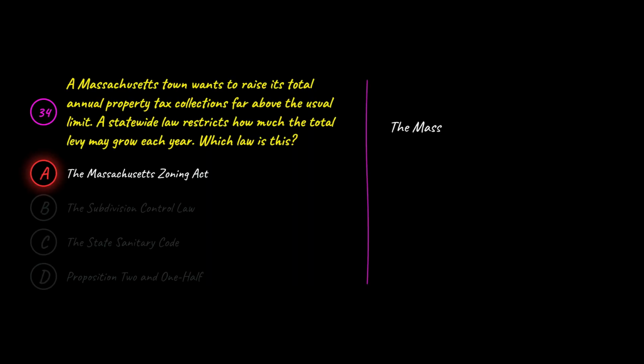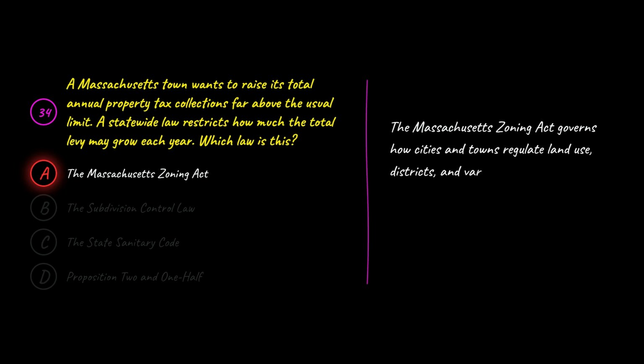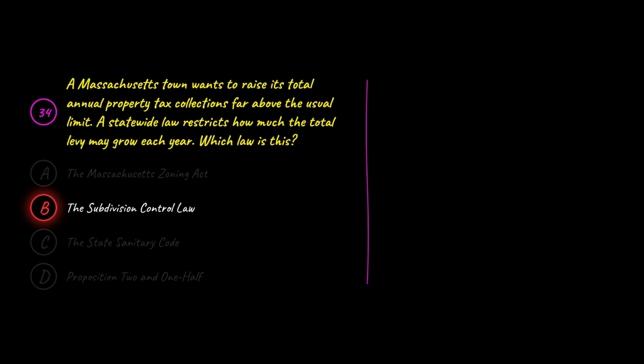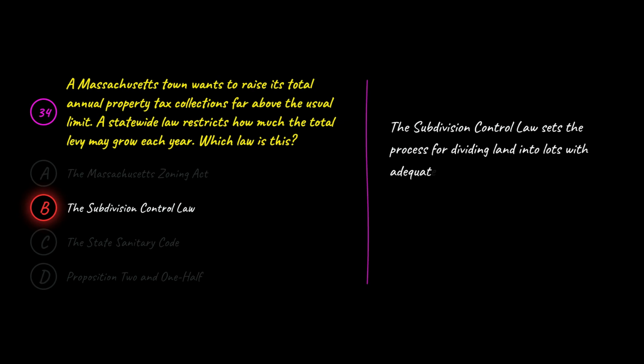A is wrong because the Massachusetts Zoning Act governs how cities and towns regulate land use, districts, and variances. It shapes development, not the amount of property tax a community may collect, so it does not cap the levy. B is wrong because the Subdivision Control Law sets the process for dividing land into lots with adequate access.